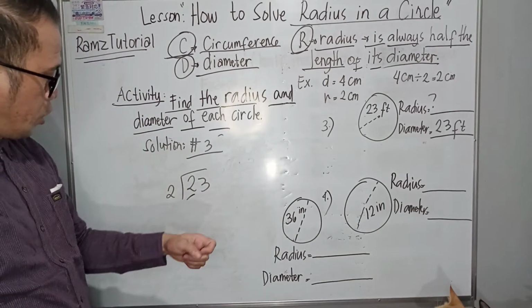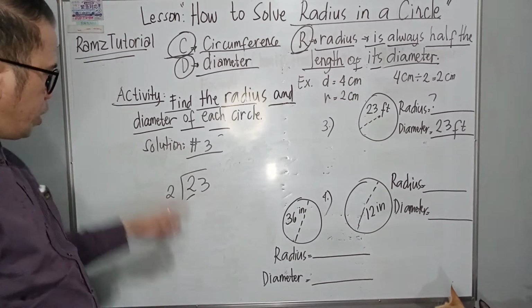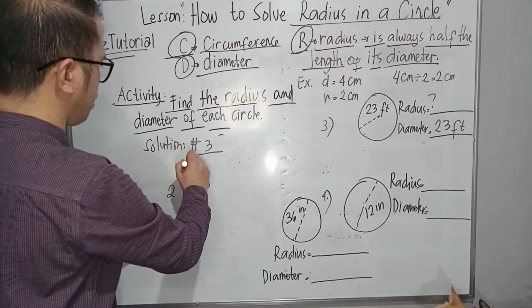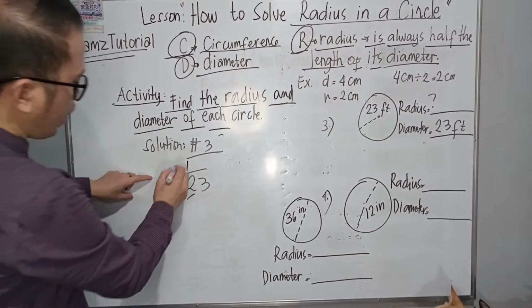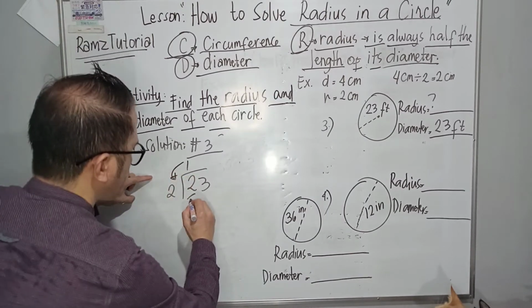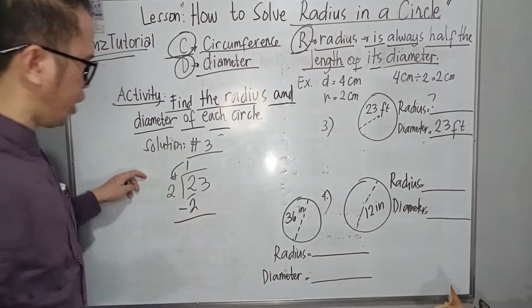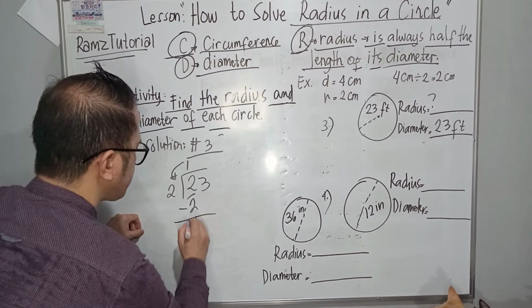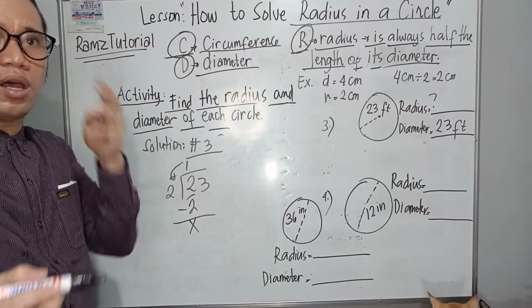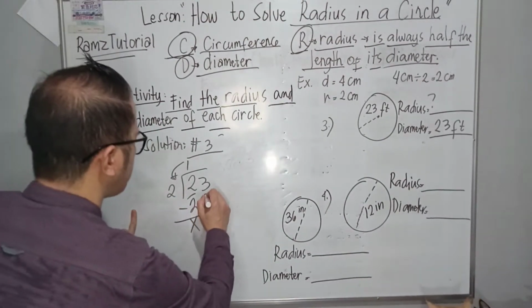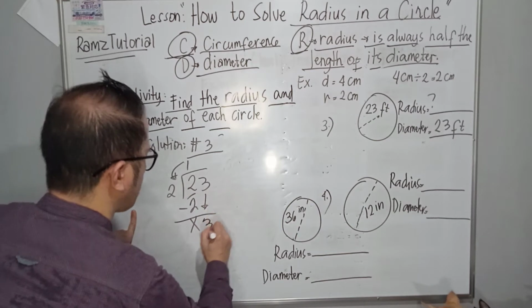Class, remember that our dividend is inside. So we divide 2 by 2. We have 1 times 2, so we write here 2, then subtract, 2 minus 2. We put an x, that means it's 0. Then we bring down 3, the next number.